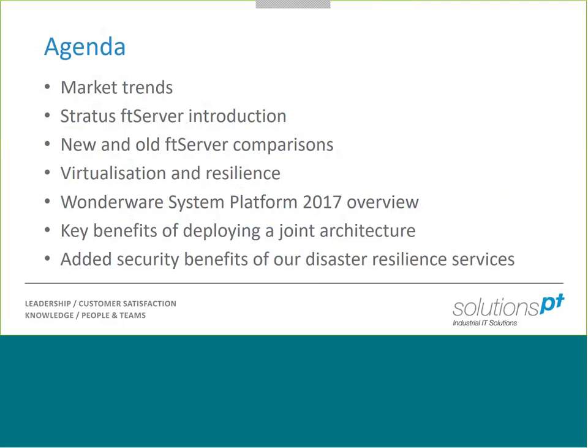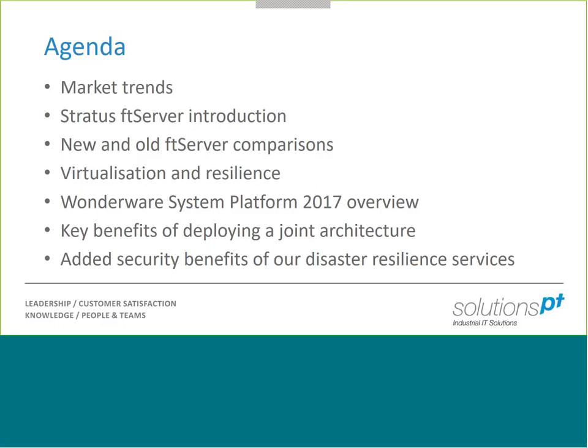I'll provide an overview of the Stratus ftServer, and then with the introduction of the new machines that Stratus have brought to the marketplace, I'll also take a look at some of the comparisons between the new generation and the older generations of ftServer. In tandem with that, I'd like to briefly run through virtualization and resilience and how that fits together, especially with the ftServer.